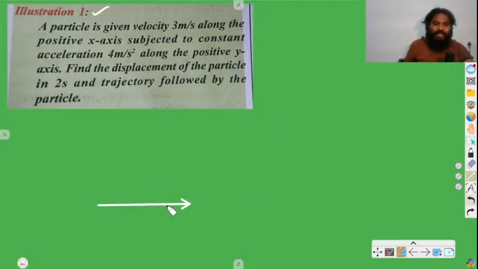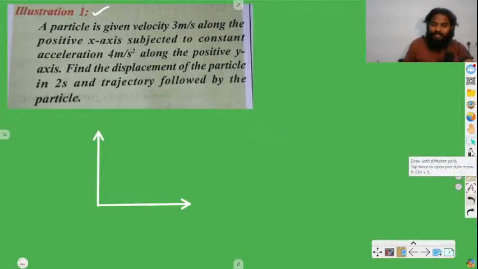It is given some velocity, how much? 3 meter per second along the positive x-axis, and it is subject to a constant acceleration of 4 meter per second square along the y-axis. Now on this particle, an acceleration of 4 meter per second square along the y-axis is applied, and then find the displacement of the particle in 2 seconds and the trajectory followed by the particle.